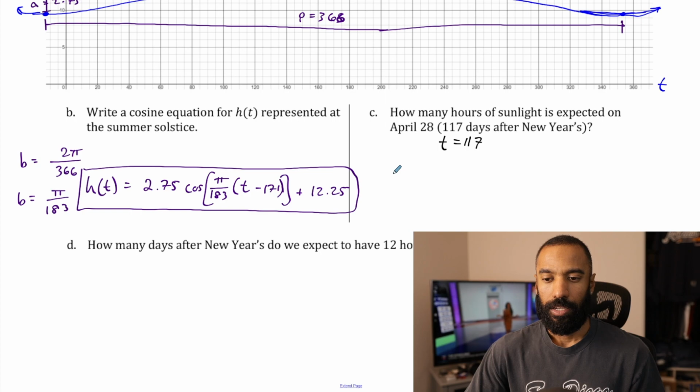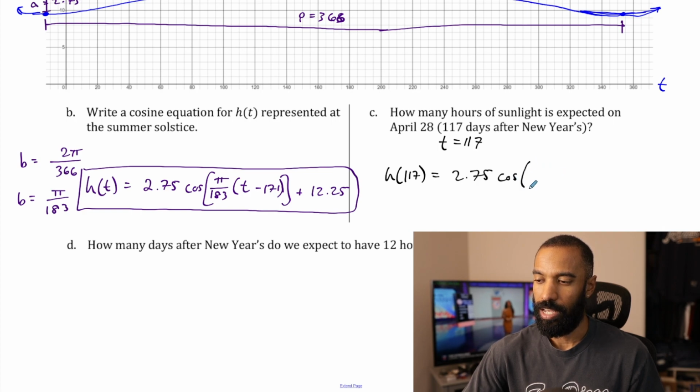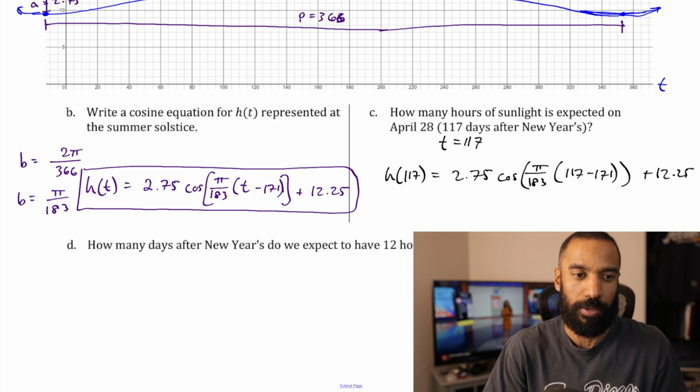This will be h of 117 equals 2.75 times the cosine of pi over 183 times 117 minus 171, plus 12.25. I'm going to go ahead and substitute that in my calculator straight up. I'm not trying to reduce little bits now that I have the calculator for this one.